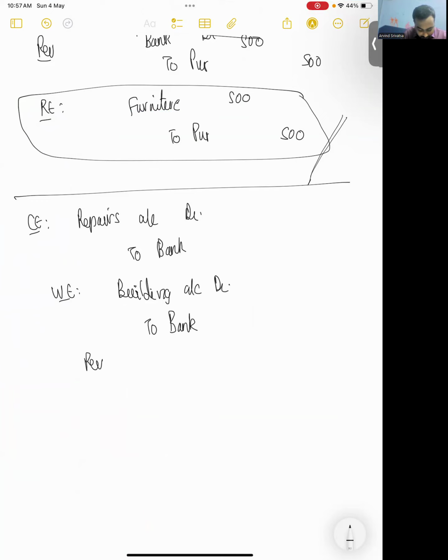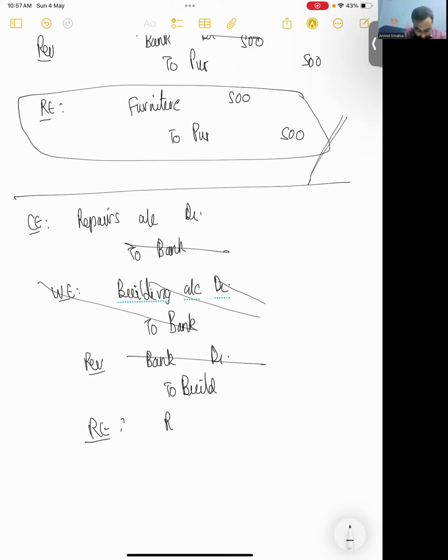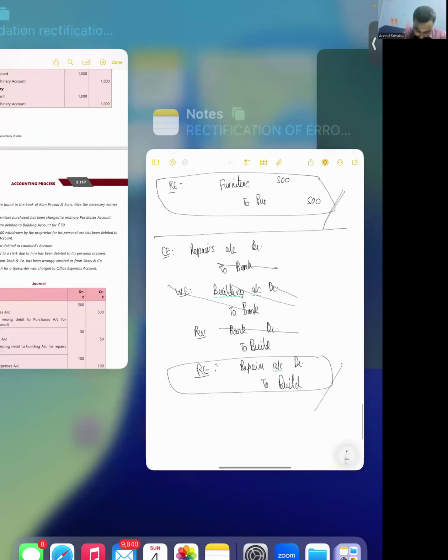Reversal is bank account debit to building. Rectification entry: throw this in the dustbin. Your bank is debited here, your bank is credited here, cancelled perfectly. Rectification entry is repairs account debit to building.